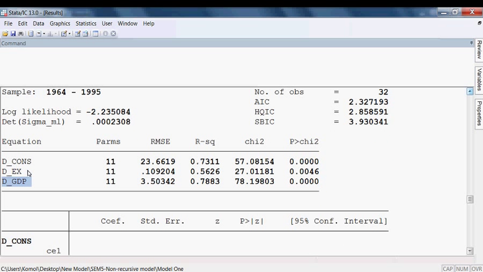What is happening here is that the VECM model automatically converts the variables into first difference all the time.